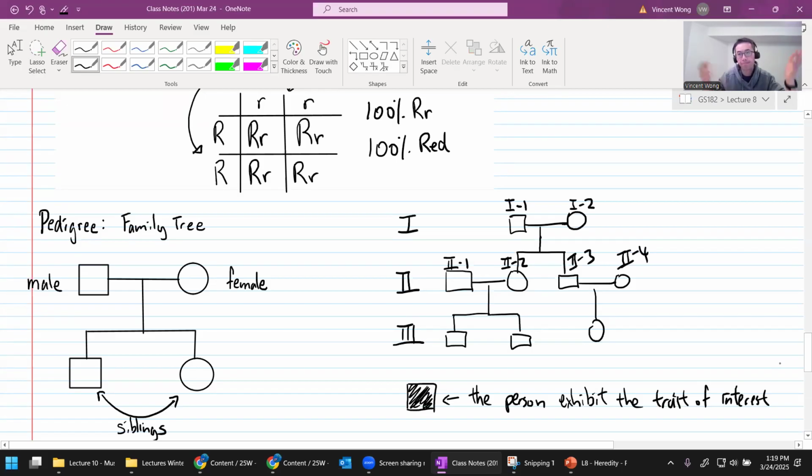It could be widow's peak. It could be a particular disease, sickle cell anemia. If you shade it in, then the person has it. If it's not shaded in, then the person does not have it.